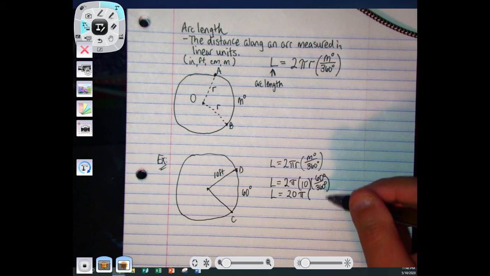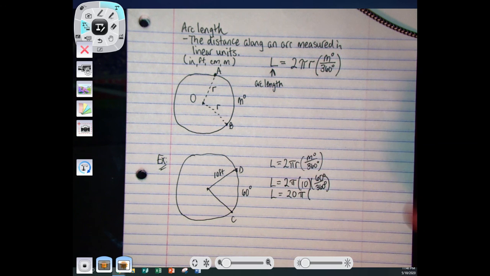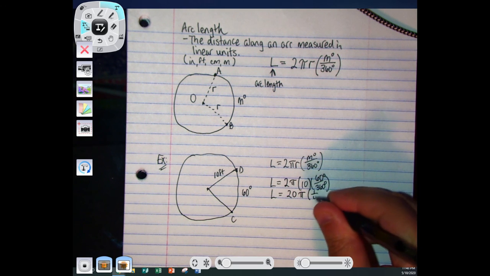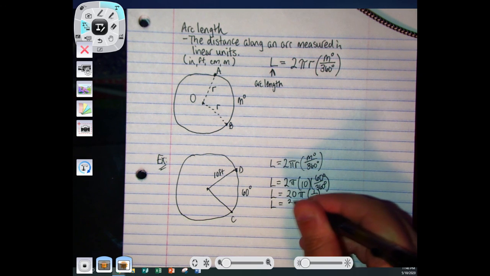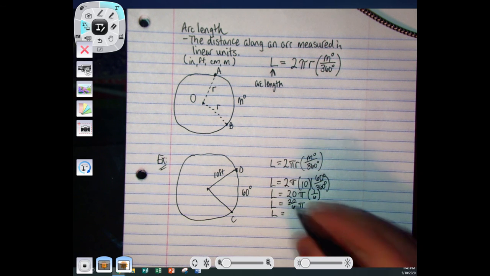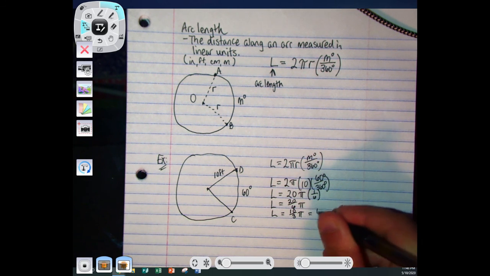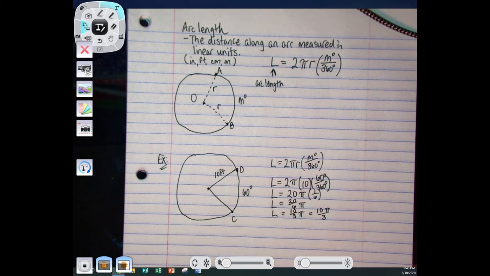And 60 over 360, if you use a calculator to simplify it, simplifies to 1/6. So 20 times 1/6 is 20 over 6, which simplifies to 10 thirds pi, or you'll see it written as 10 pi over 3.